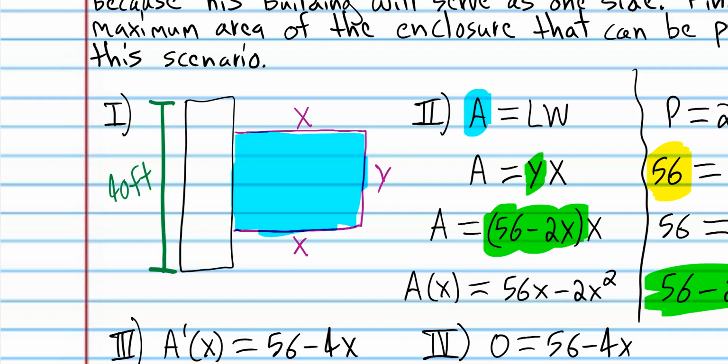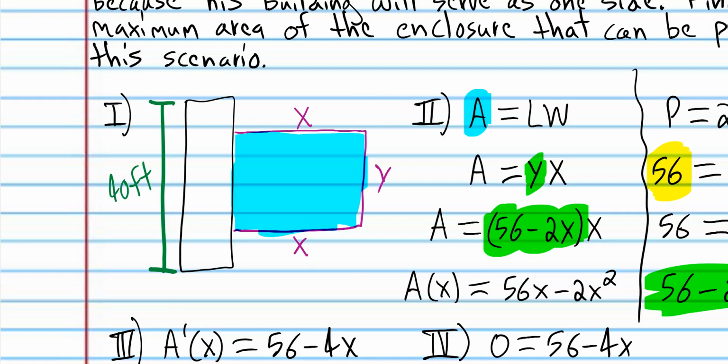The biggest we can make y is this length here, because if it gets any bigger, then you're going to have gaps in the fence. See these yellow gaps? y can't be bigger than 40 feet, because then we're not going to have an enclosure. So the biggest value of y is actually 40.